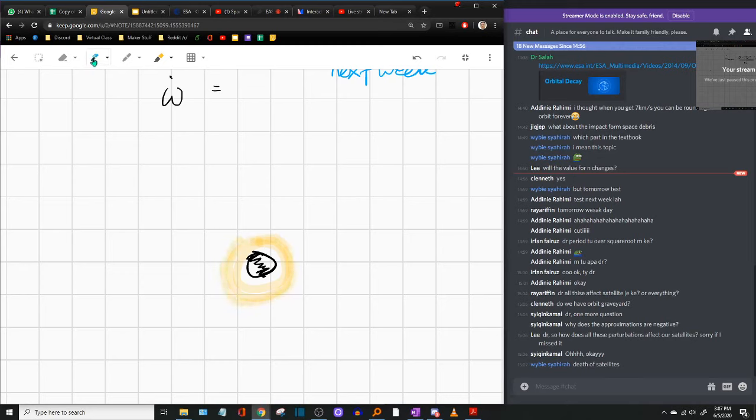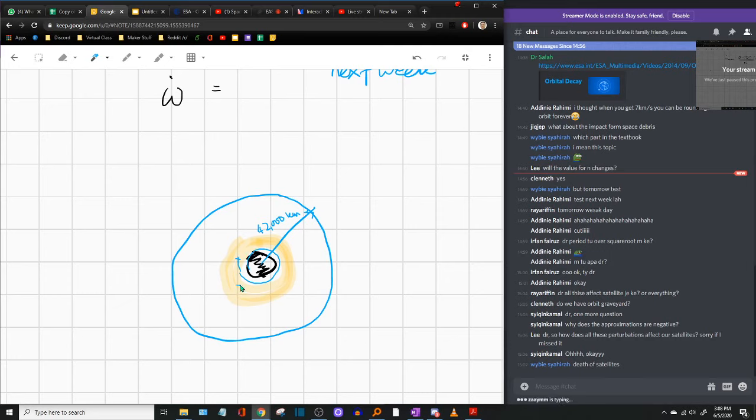Now, as you go further to, let's say, your geostationary orbit, which is about 42,000 kilometers away from the center of the Earth, that's quite far. Now, if you have a satellite in the low Earth orbit, then it's easy to get rid of the satellite once it's defunct, when it cannot be used anymore. You can let it decay and let the atmospheric drag pull it down back to Earth and crash on Earth.